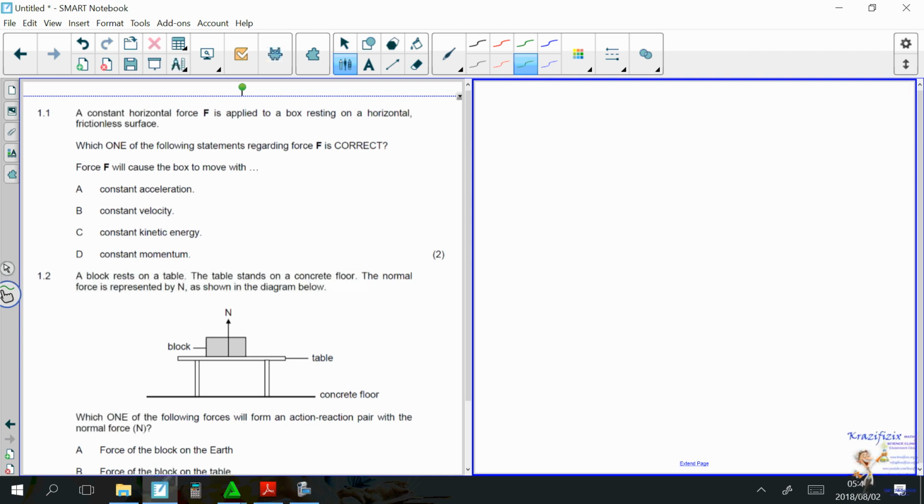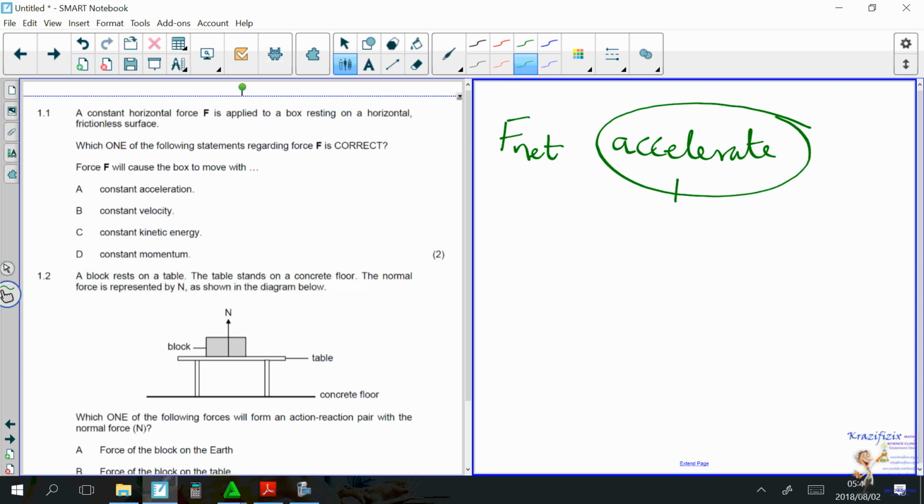If you remember your Newton's second law, what does your Newton's second law state? Your Newton's second law states that when a net force acts on an object, the net force will cause the object to accelerate.